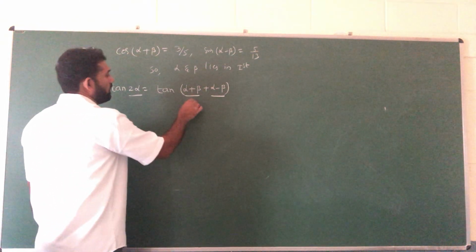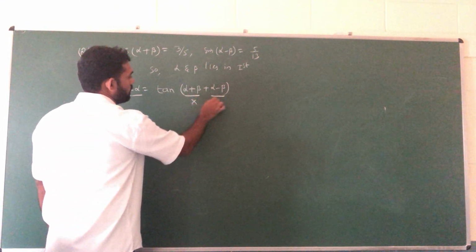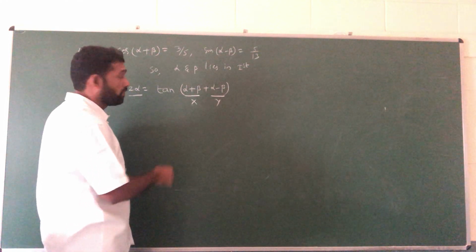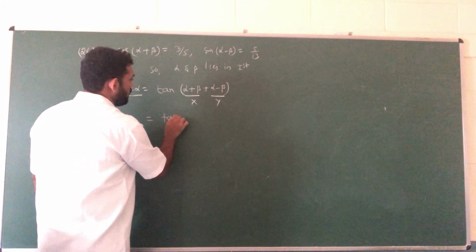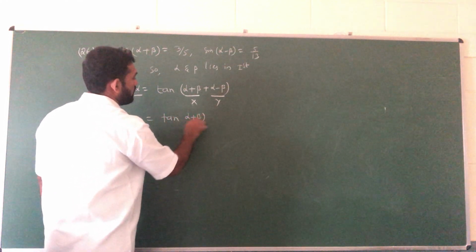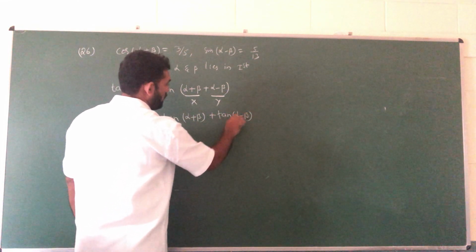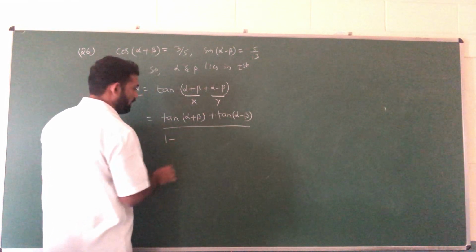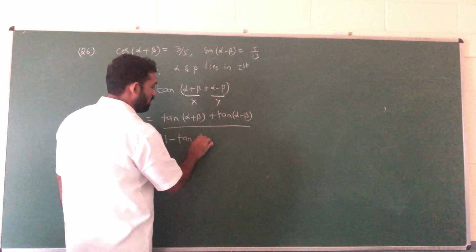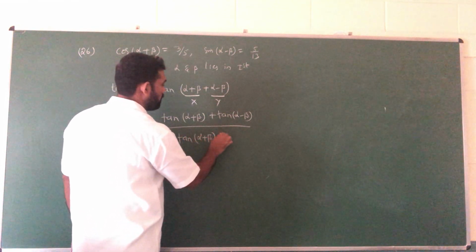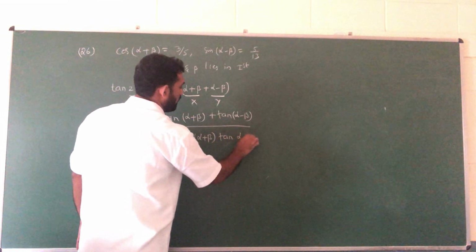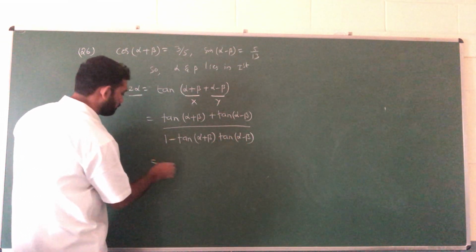Now apply the tan x plus y formula, with this as x and this as y. So tan of alpha plus beta plus tan of alpha minus beta, divided by 1 minus tan of alpha plus beta into tan of alpha minus beta.